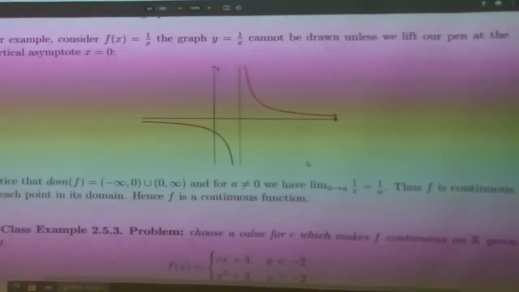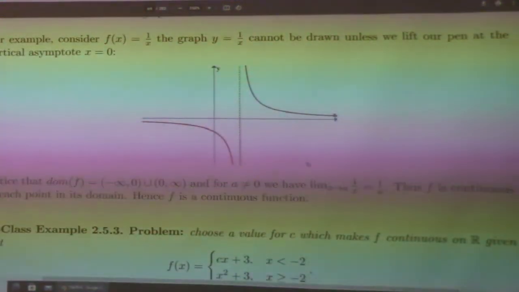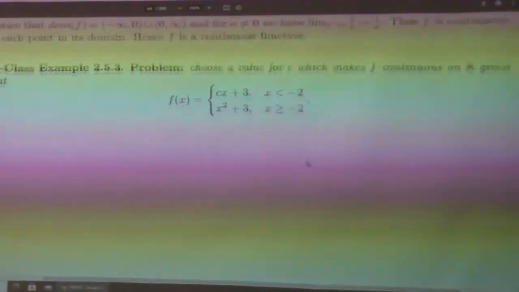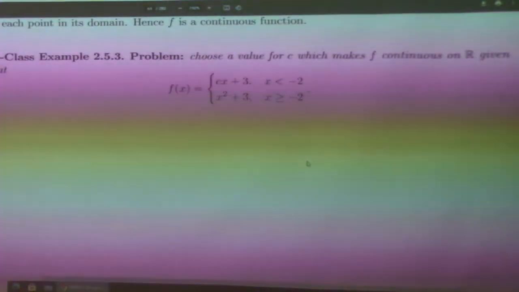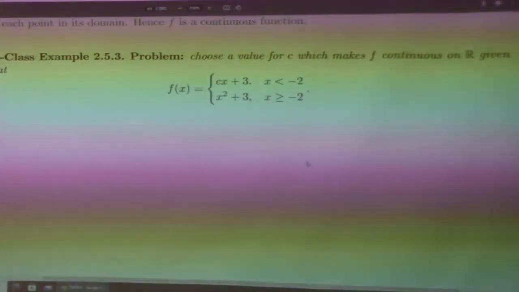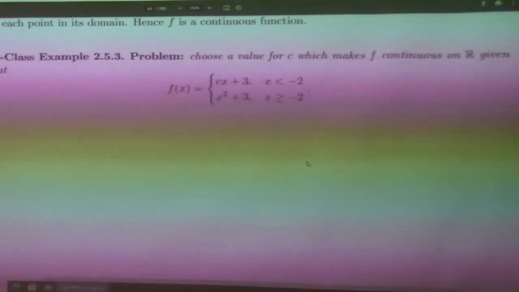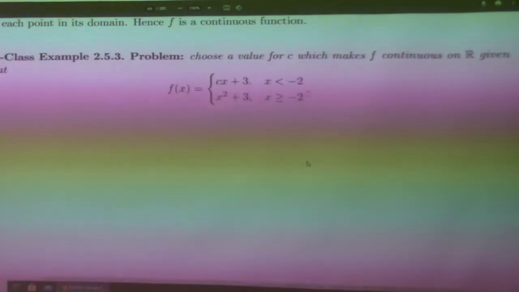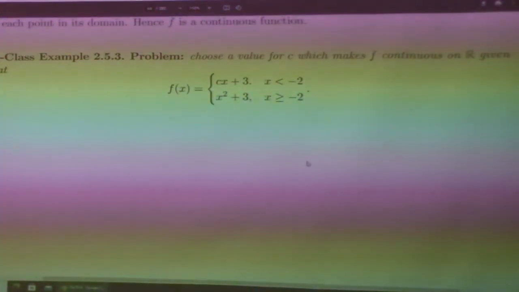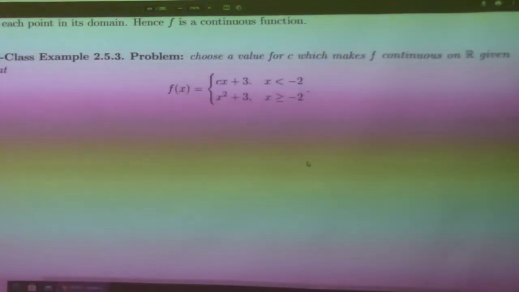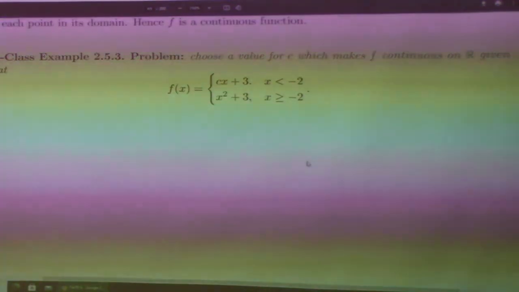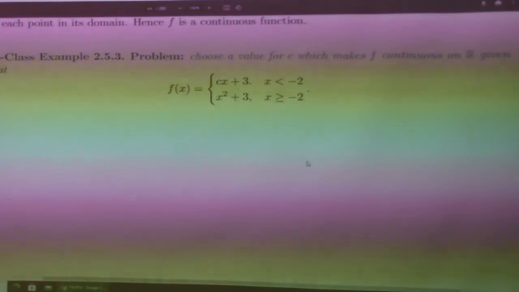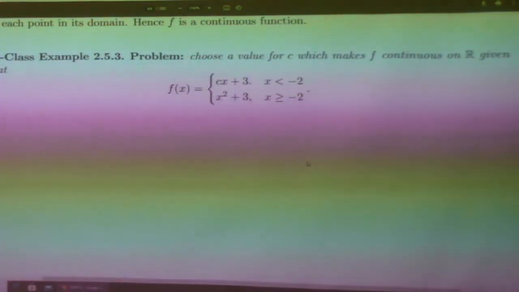That's why a lot of the deeper theorems in calculus, especially with continuity, are based on the assumption that your continuous function has a connected domain. For example, snapshot ahead, we'll talk about derivatives. One of the results we'll have is that if the derivative of a function is 0, that means the function is a constant function.